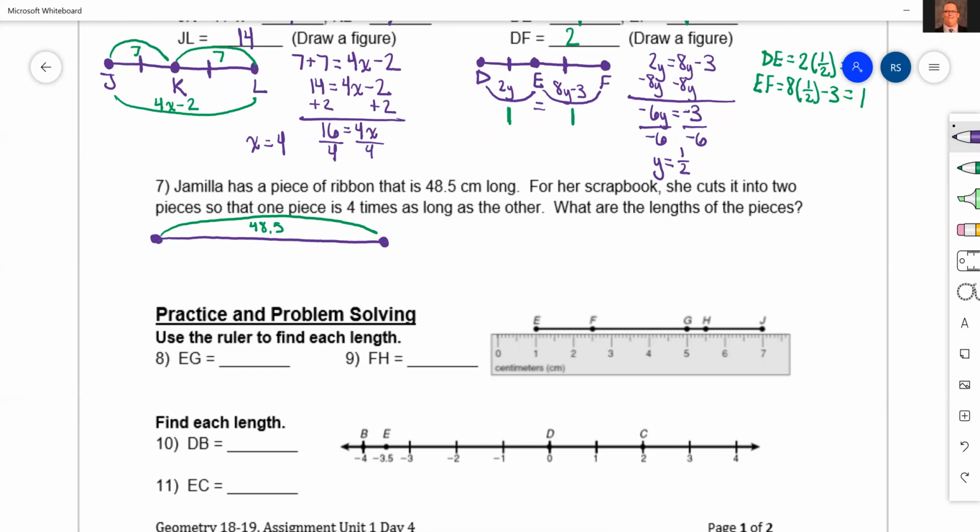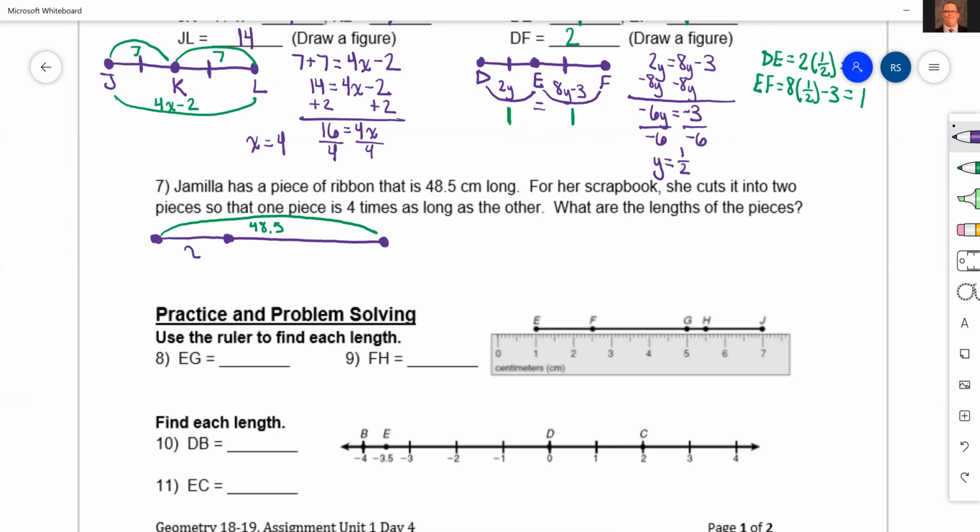Okay, let's see what it tells us next. For her scrapbook, she cuts it into 2 pieces. Okay, I'm gonna say I want to cut it right there. So that one piece is 4 times as long as the other.